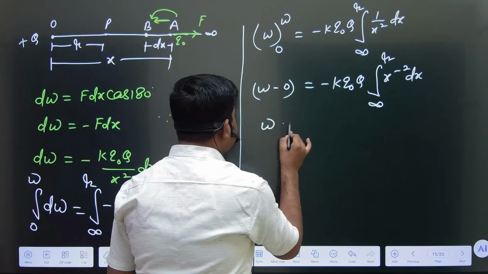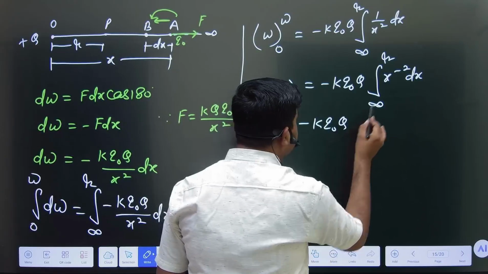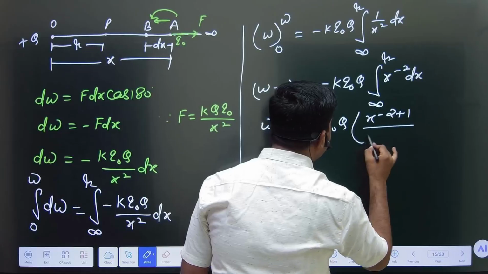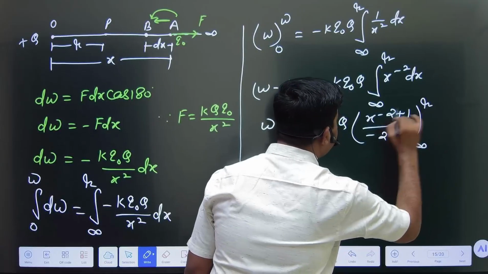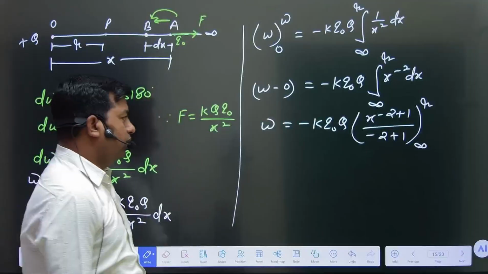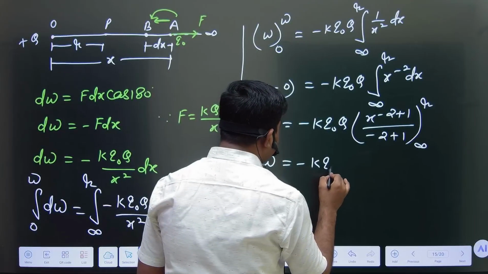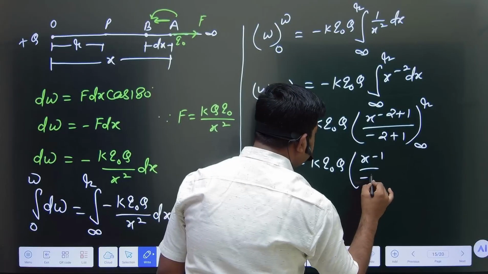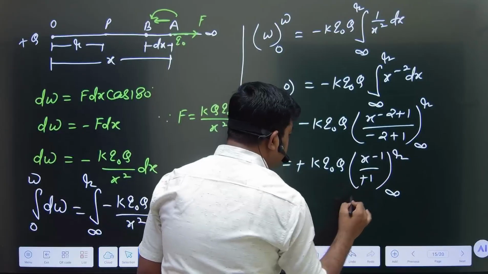Here we have to apply the formula for x to the power n. So work done W is equal to minus K Q naught capital Q, here x to the power minus 2 plus 1 upon minus 2 plus 1, and this is infinity to small r. Clear to you? Now W is equal to minus K Q naught capital Q, and it is x to the power minus 1 upon minus 1, infinity to R, and minus and minus cancel.